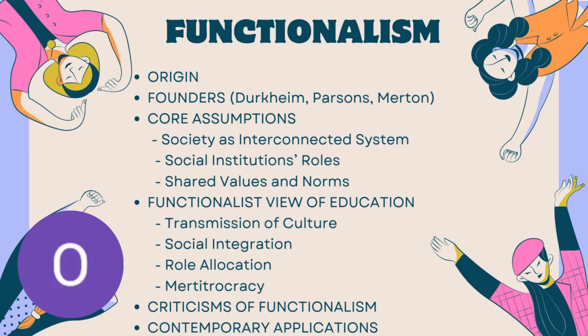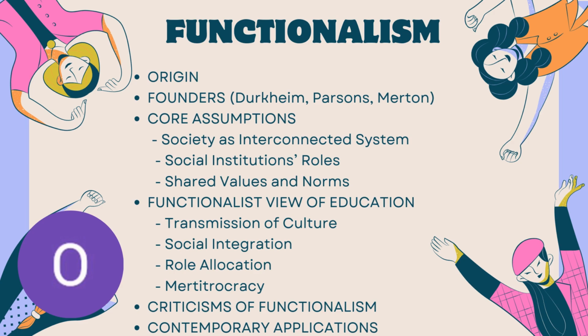He's an American sociologist who refined and expanded the functionalist theory, introducing key concepts such as manifest and latent functions, dysfunctions, and non-functions. The manifest functions are the intended and recognized consequences of a social practice or institution, while latent functions are the unintended and often unrecognized consequences.